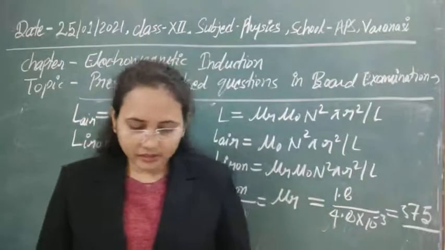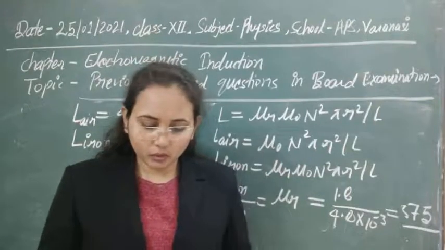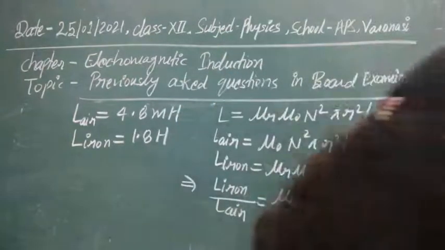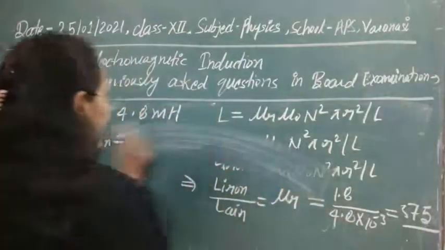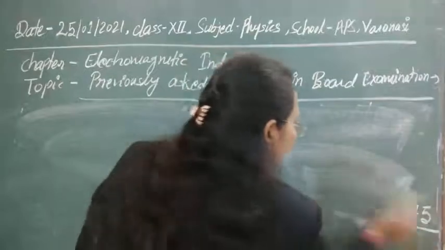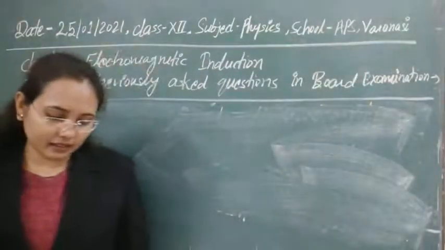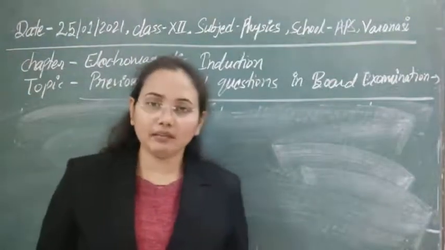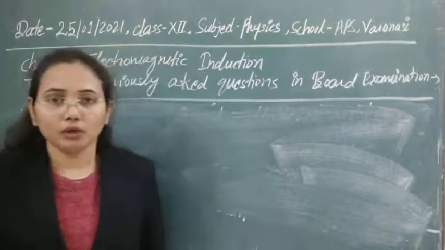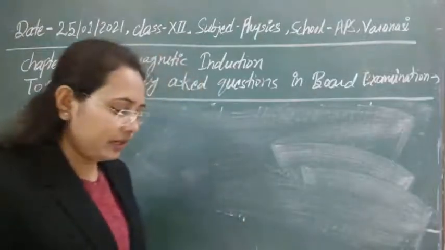The next question is related to the case of mutual inductance. The question is that the current flowing in the first coil changes from 2 ampere to 10 ampere in 0.4 second. So just write it first. As I am talking about mutual inductance, we will have two coils here. In the first coil, the current is changing from 2 ampere to 10 ampere.